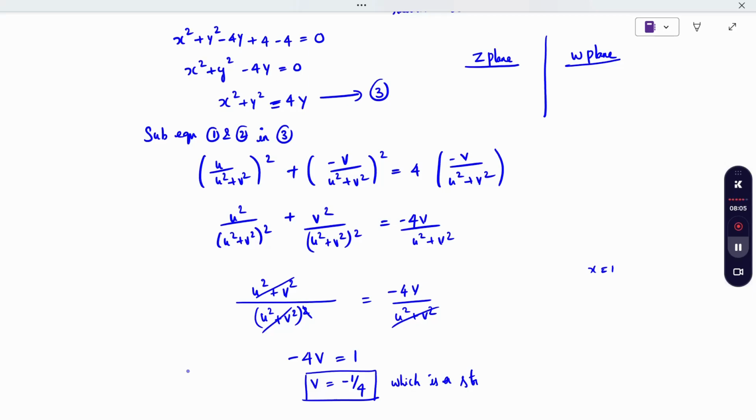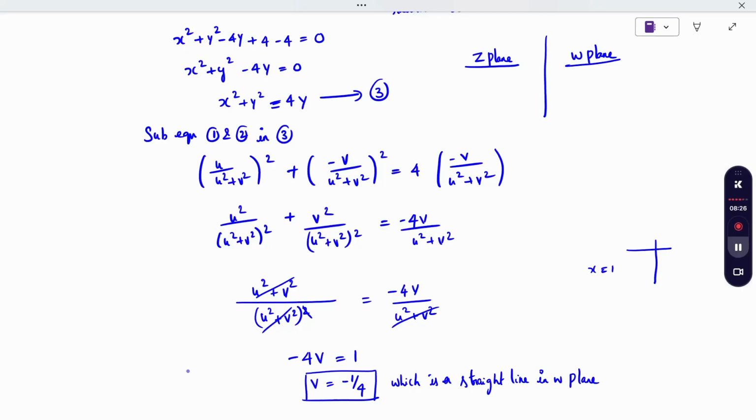Tell me, x equal to 1, how will you draw it? Like this, or y equal to 1 like this. So it is a straight line only, and the same way it may lie in the negative part. So it's called a straight line, in the w plane.